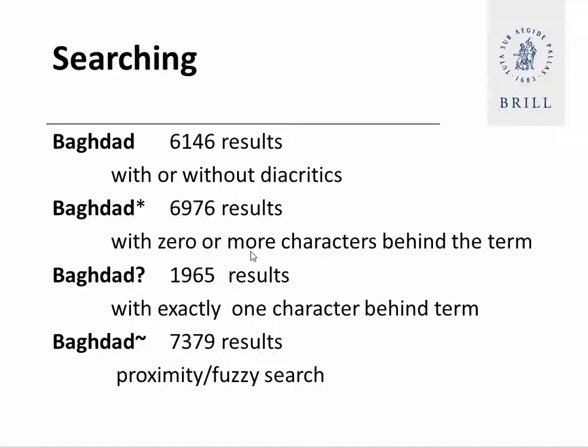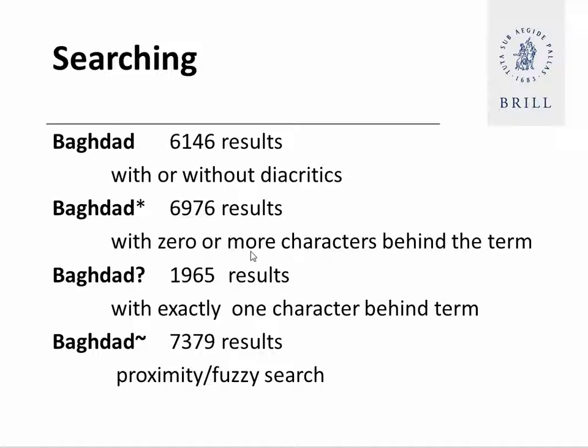It doesn't matter whether you use diacritics or not. You'll find approximately the same number. The difference is caused by the fact that some words are sometimes images or in a different font, so there might be a few different results, but more in general it will be the same number.